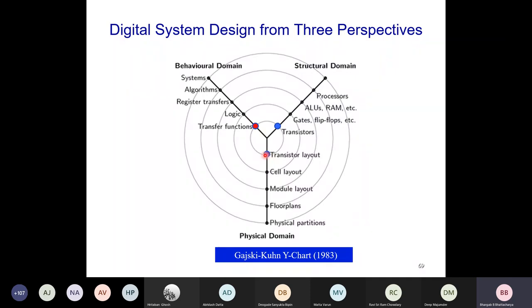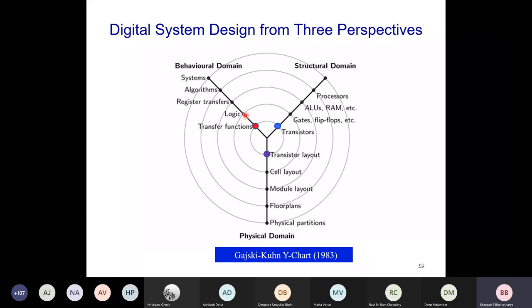Those layers can be thought of as differently shaped rectangles or depositions of different materials, right? So from the physical perspective, it is nothing but layouts, the geometry of layouts. On the other hand, from the behavioral perspective, the transistor behavior means some kind of transfer function. That means voltage-current equations, differential equations, and so on.